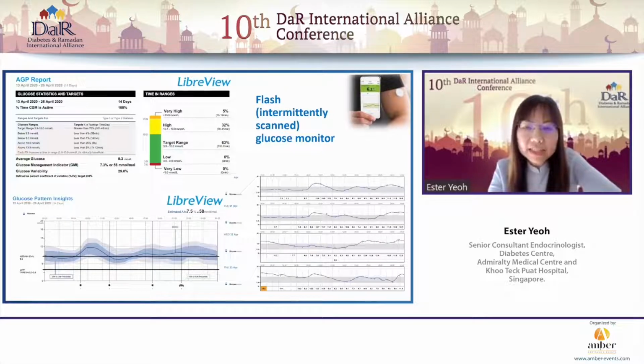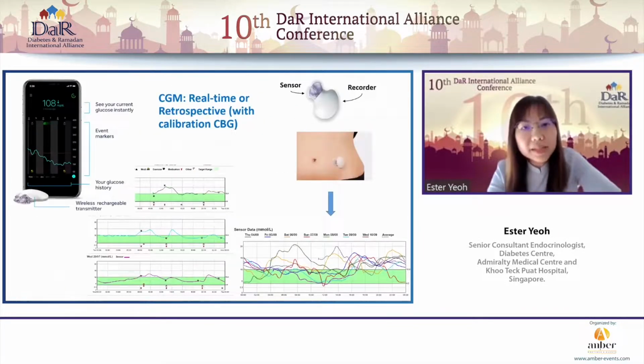Thereafter, they are able to access the data on LibreView, and the healthcare professional can also access this data. Similarly for CGM, whether it's real-time or retrospective, you will be able to view the sensor readings. Most CGMs to date will still require some form of calibration with capillary blood glucose.